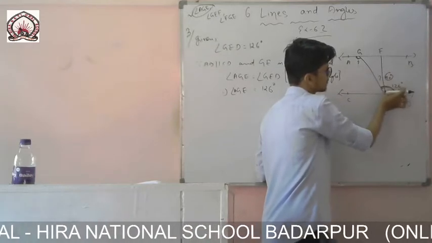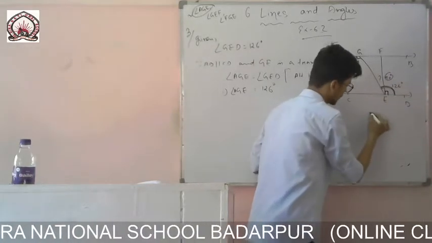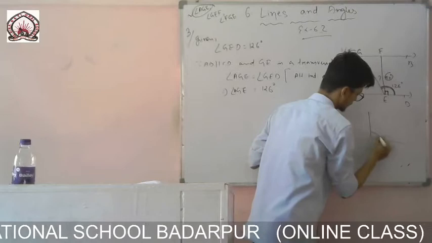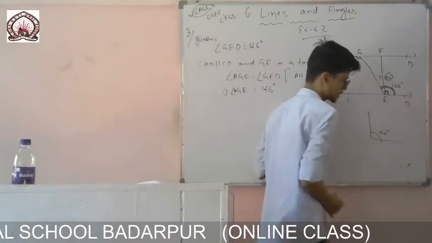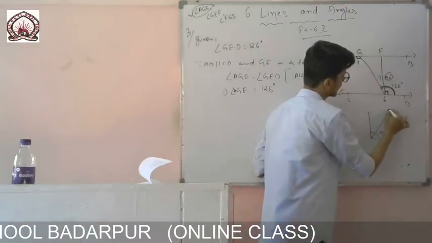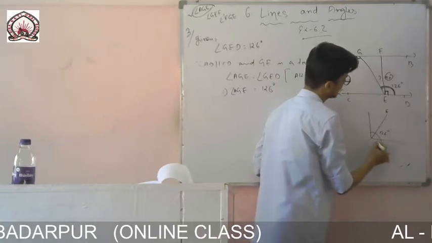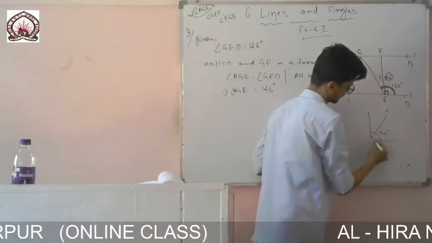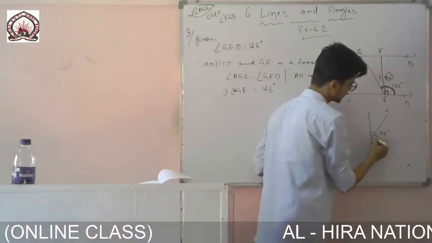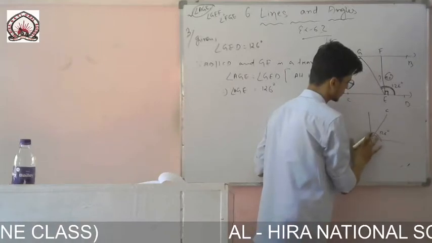The whole angle, 126, is divided by a line FE, and in the question it is given that it is perpendicular.